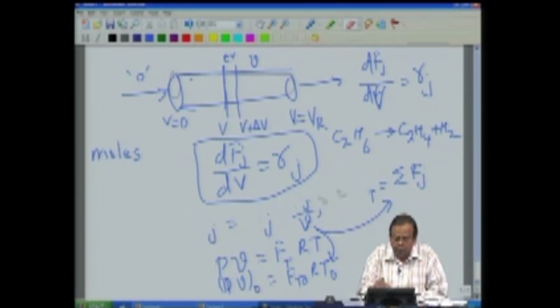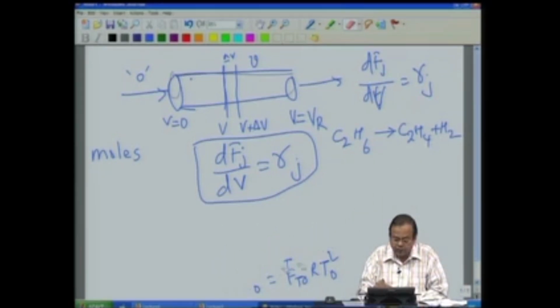The second approach of dealing with this is as follows.